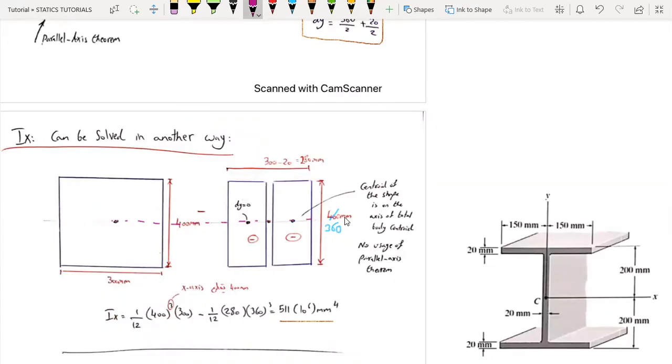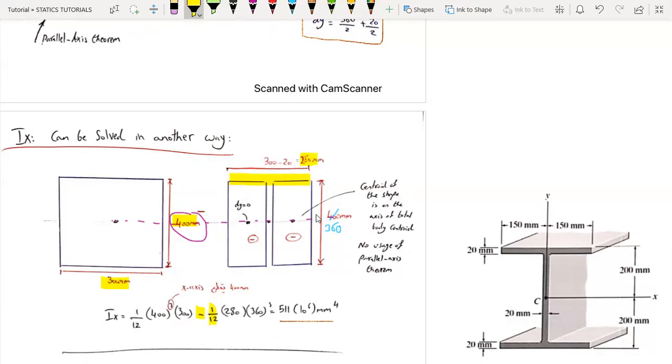So Ix will be just 1 over 12, 400 cubed multiplied by 300, minus 1 over 12, considering this length, which will be 280.